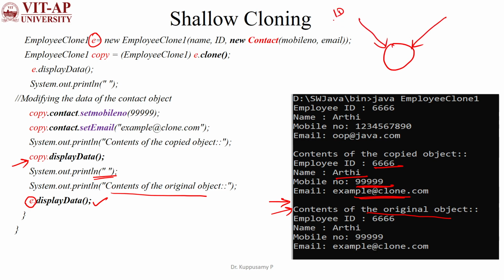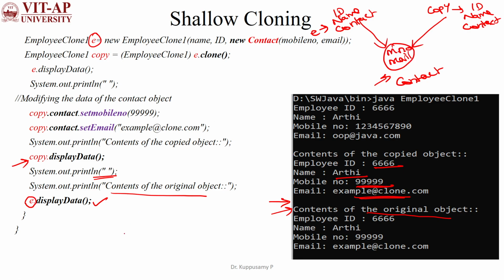Here the id, name and contact object belong to the object e. Here copy is the object which has the same id, name and contact object. This is the contact class object, which has mobile number and mail id, right?